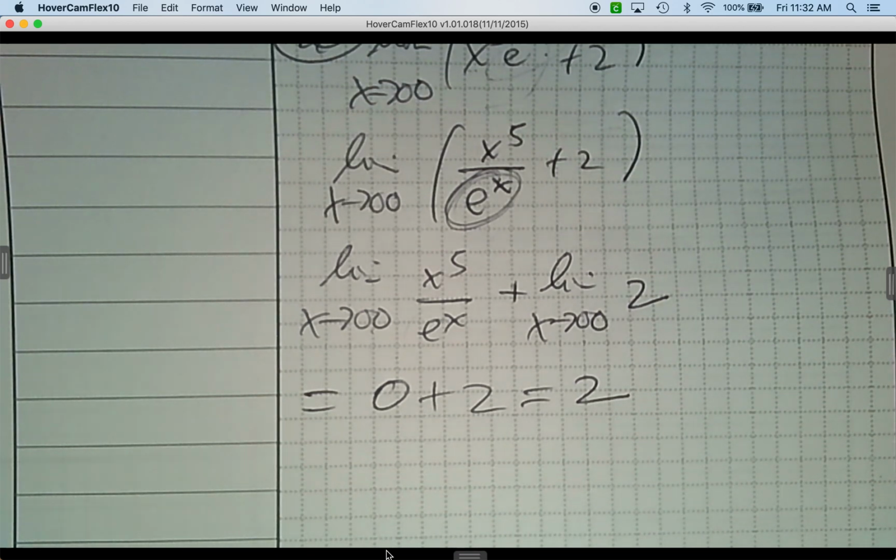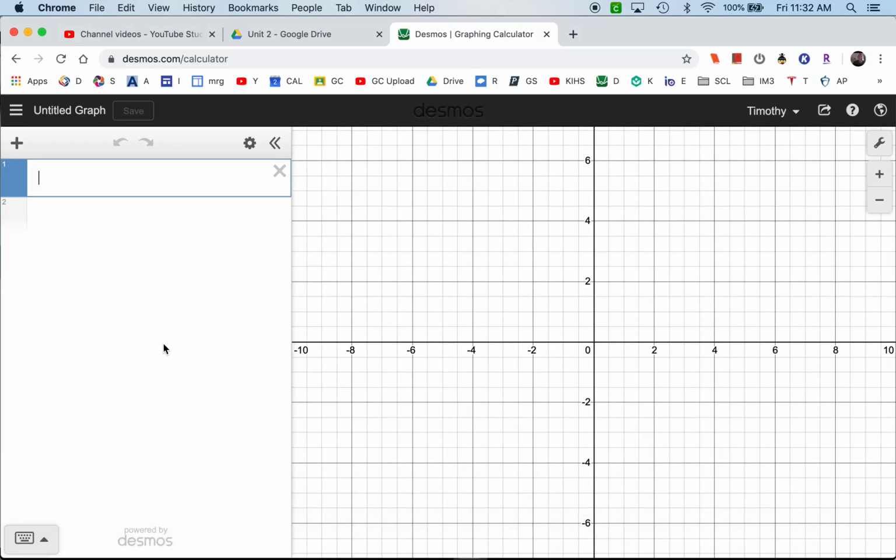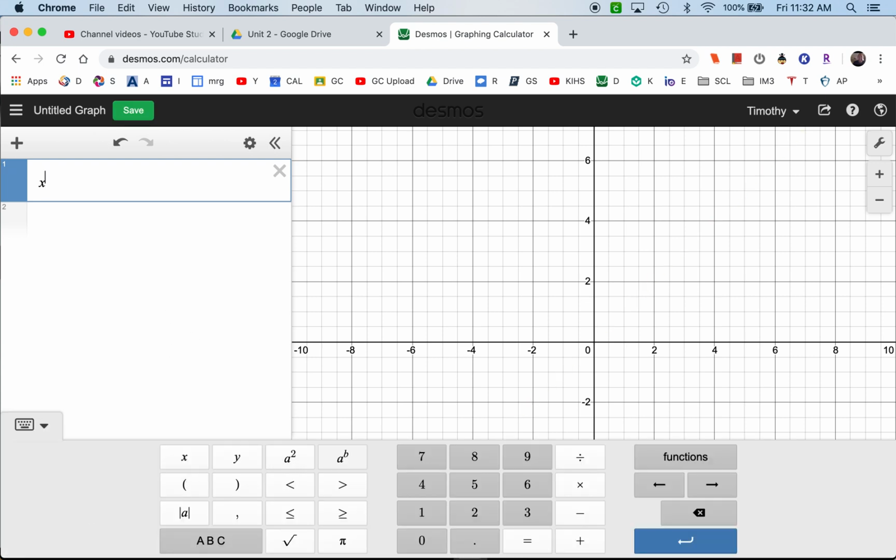But let's look on the graph and what that would look like. So, x to the 5th e to the negative x plus 2.